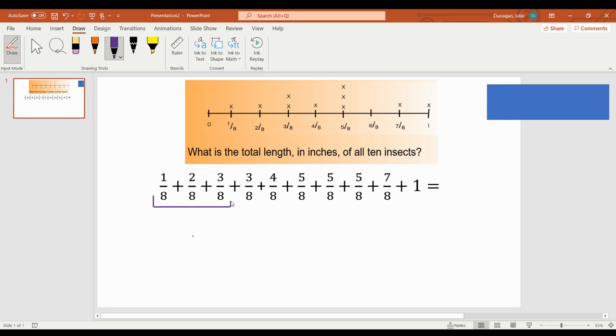So I would probably take these 3 and say 1 plus 2 is 3, plus another 3 is going to give me 6/8. And the reason I choose to chunk it is because if I add up all of these single numbers, I'm going to make a mistake, just because I know myself.